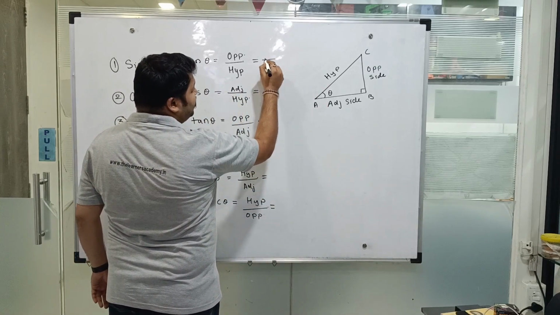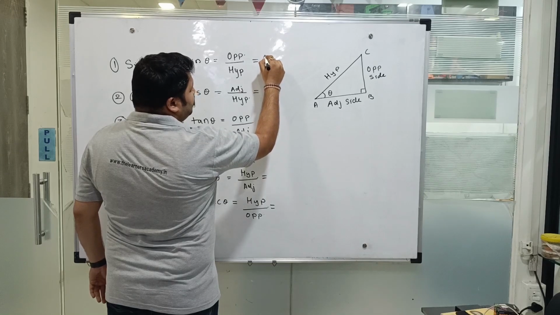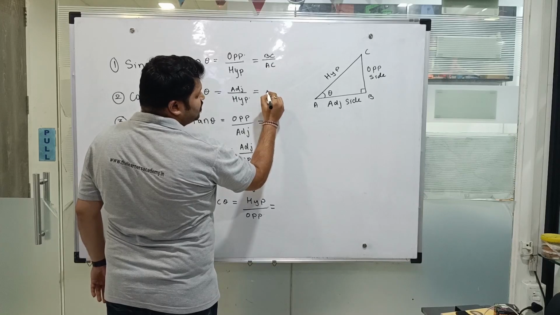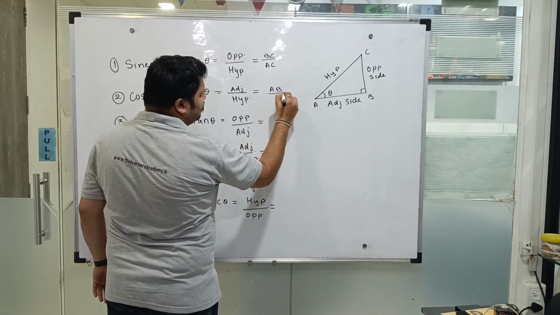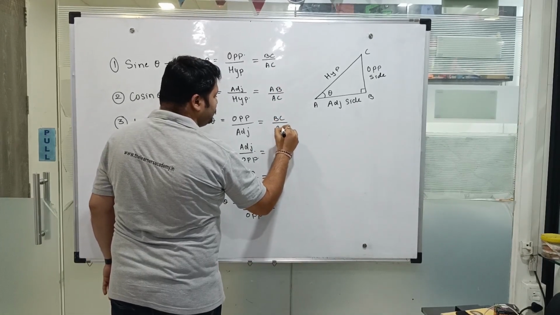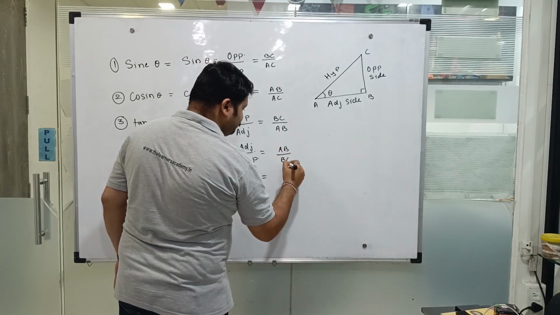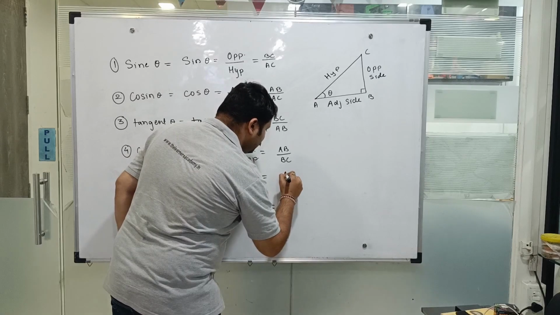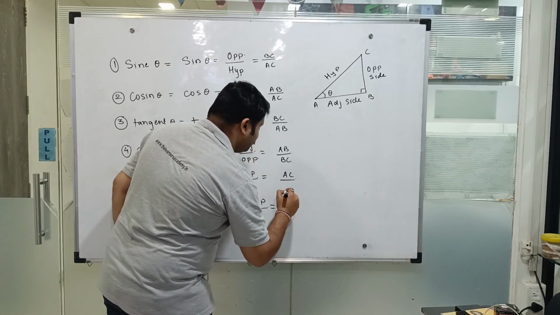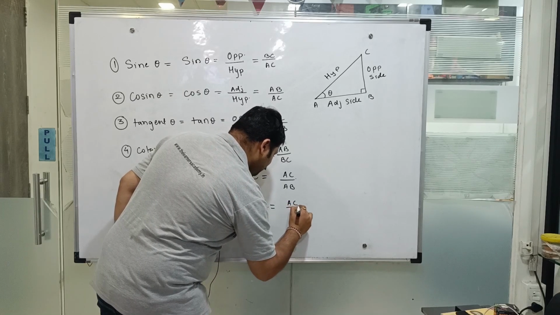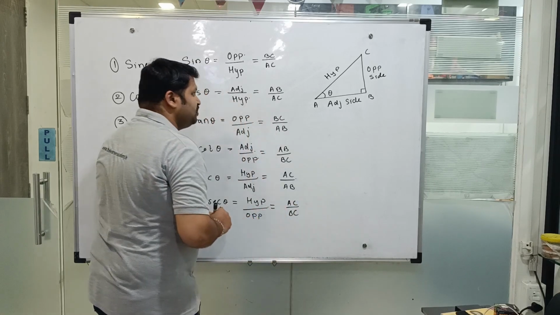So here it would be BC upon AC, AB upon AC, BC upon AB, AB upon BC, AC upon AB, and AC upon BC.